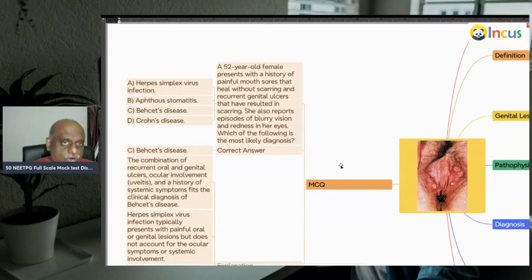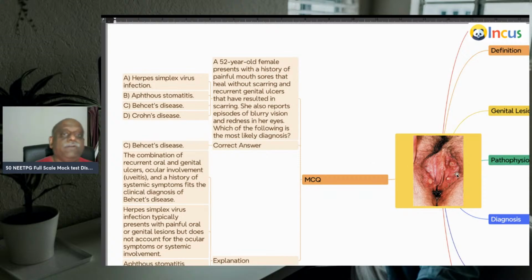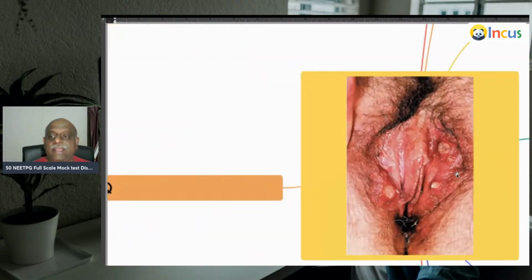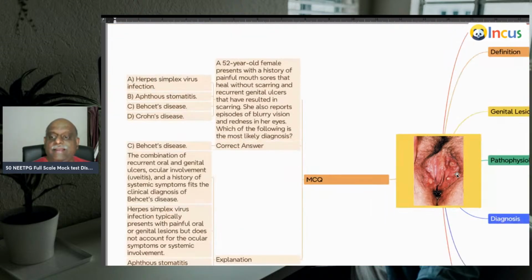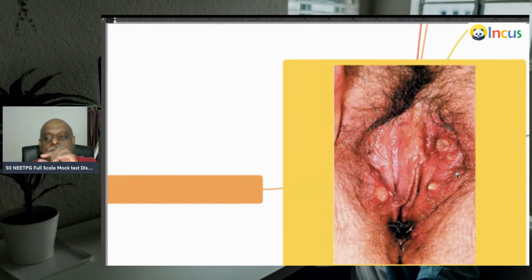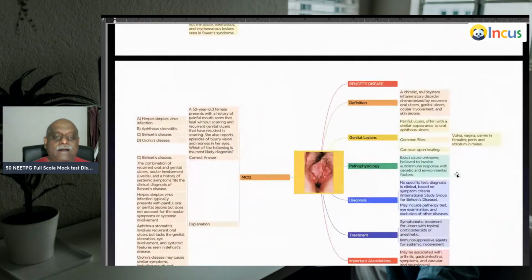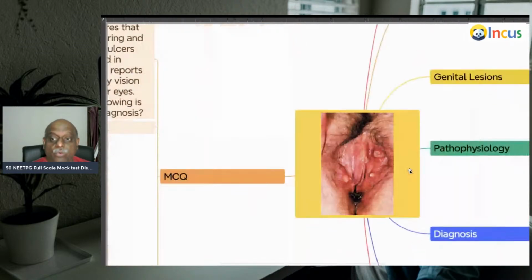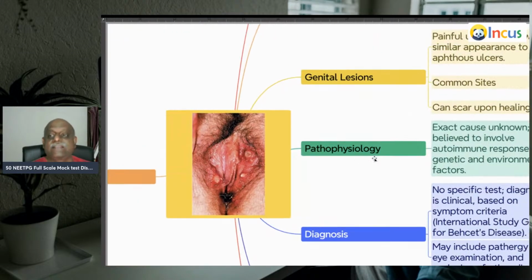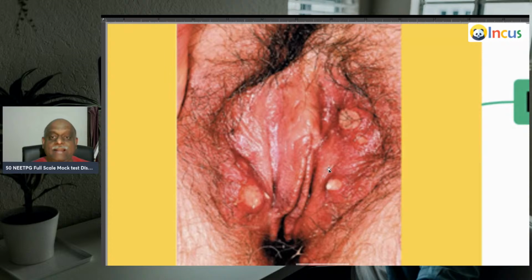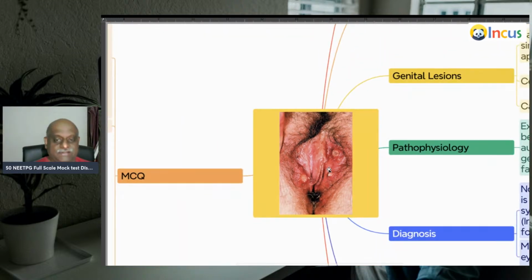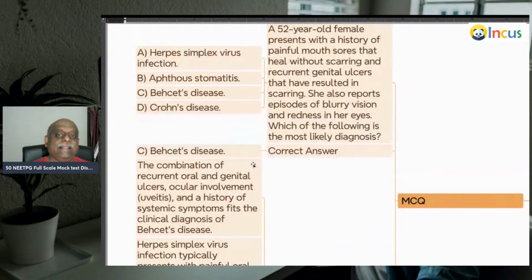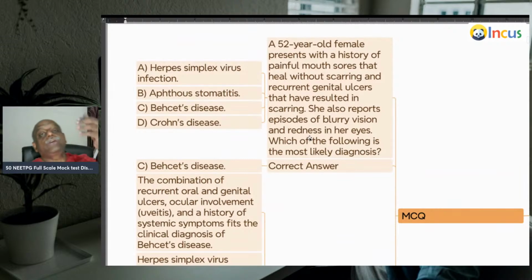A 52-year-old presents with a history of painful mouth ulcers that heal without scarring. And also you are able to find condyloma lata. No, this is not condyloma lata. Oral aphthous ulcers were there. Following that, there are genital ulcers. And she also has blurry vision and redness in the eye.